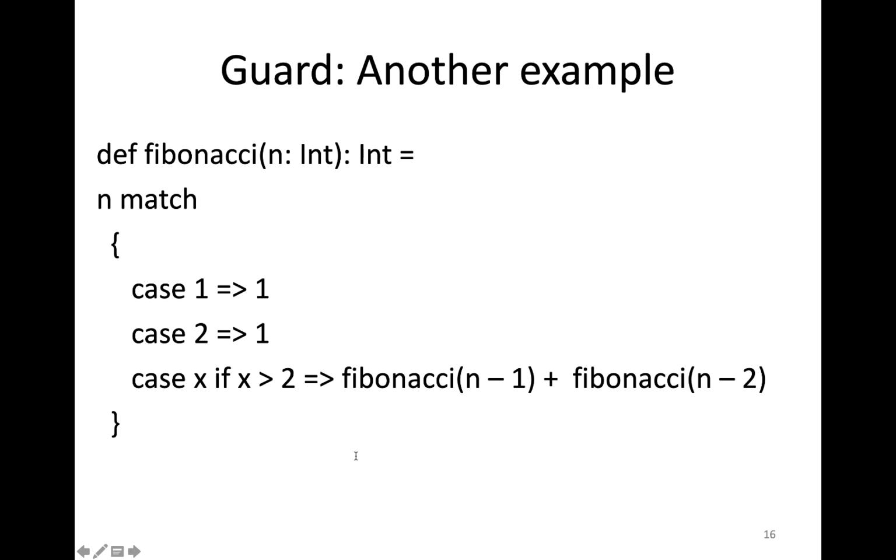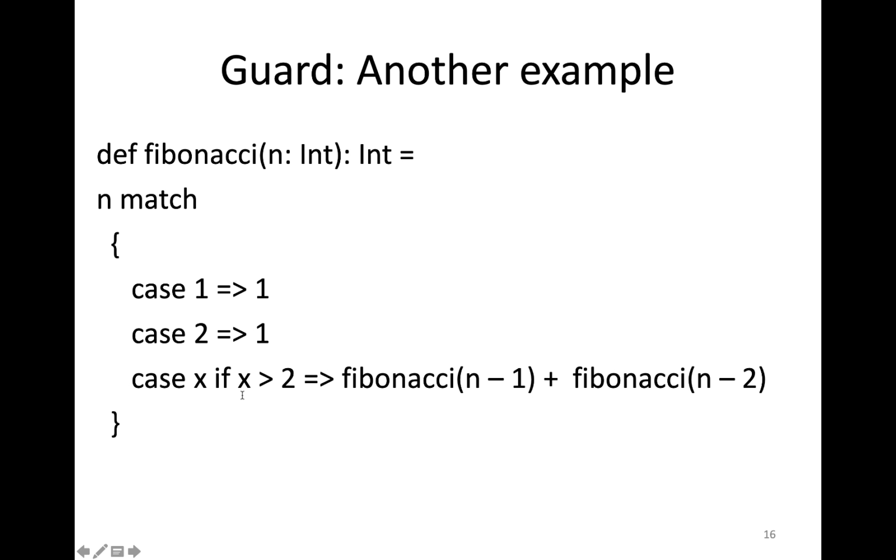Another example, we can also implement Fibonacci with this concept. So if n matches with 1, output is 1. If n matches with 2, output is 1. Otherwise, this guard concept is there. If x is greater than 2, then this will be the evaluation, and there we are doing recursion.